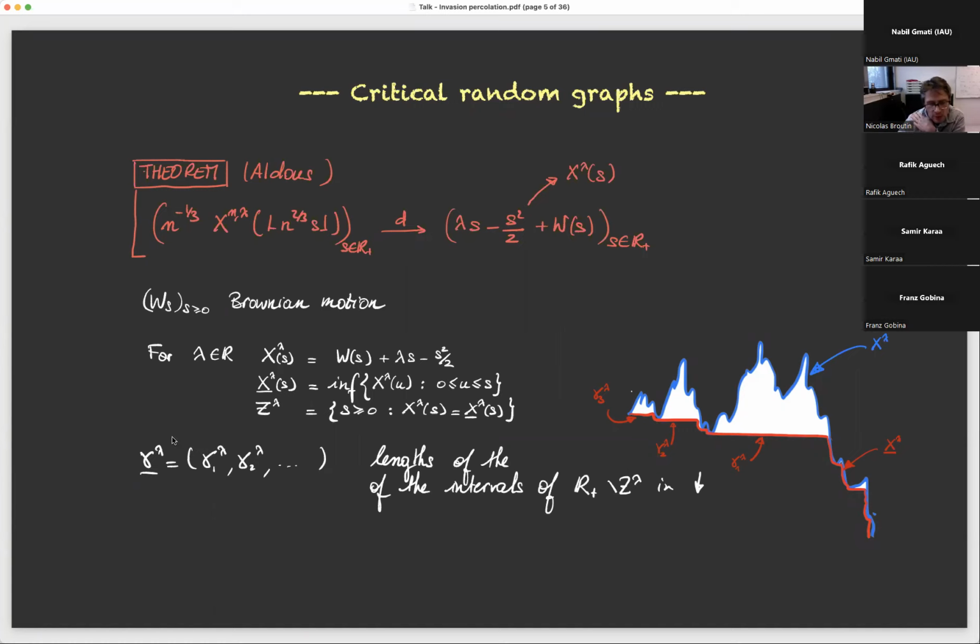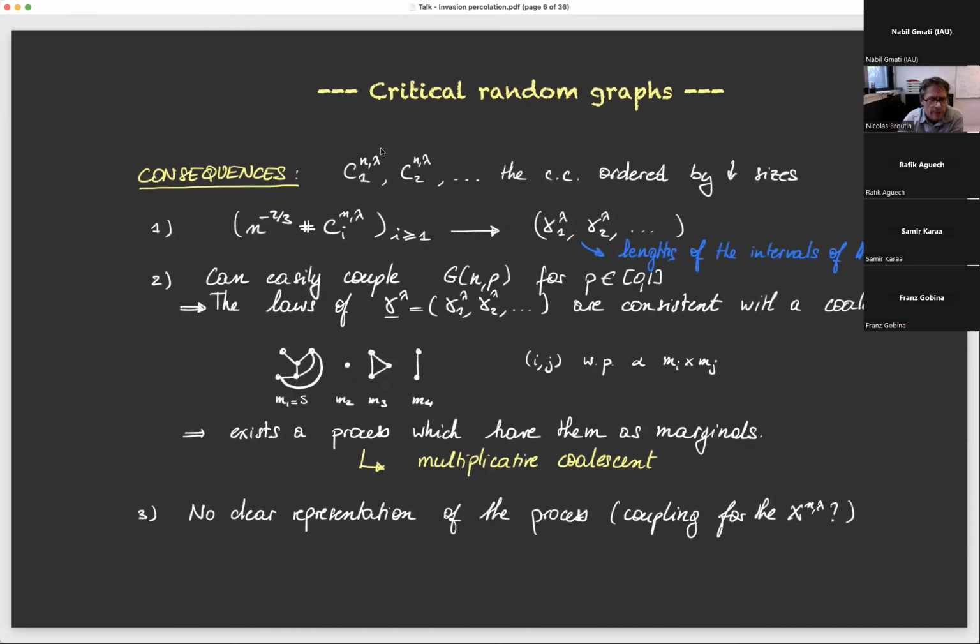And this is precisely what Aldous proved. So you call gamma_lambda the vector of the lengths of the intervals of R_+ minus Z_lambda. You can prove that there is a first one, a second one, and so on, so it can be ordered in decreasing order and indexed with the natural numbers, and you find the following.